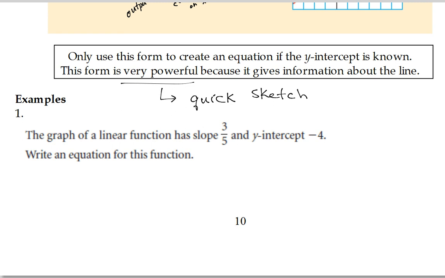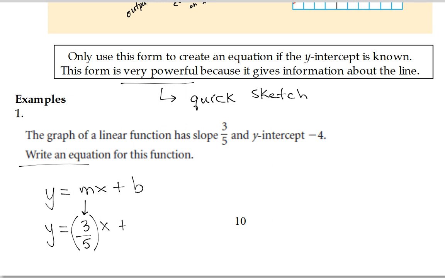Let me explain that to you. First we'll write the equation. Y equals mx plus b. I kept telling you that you have to keep the y and the x. All you have to replace is the m and the b. So what do I put in place of the m? 3/5.